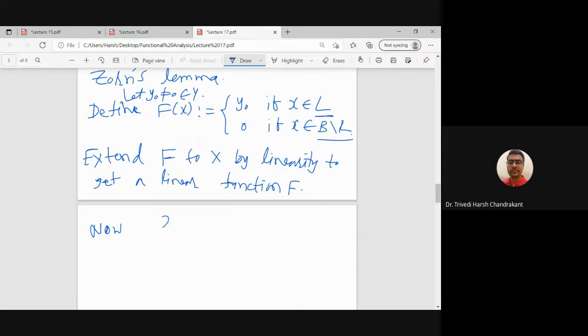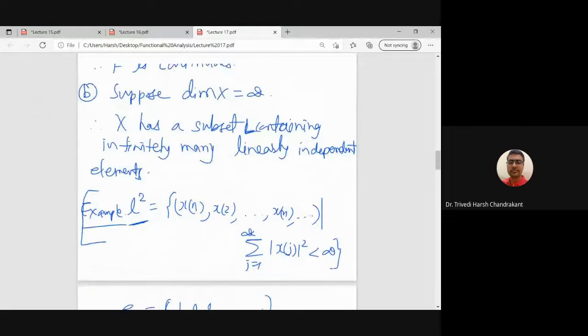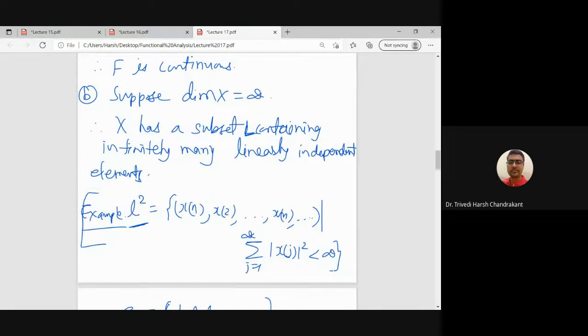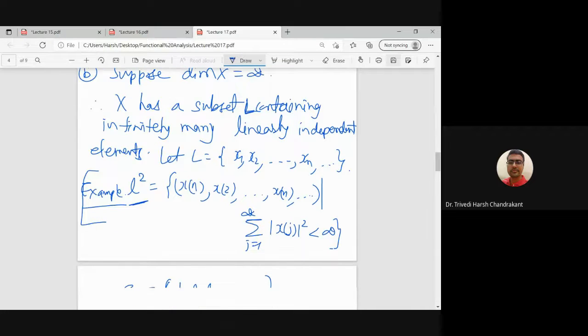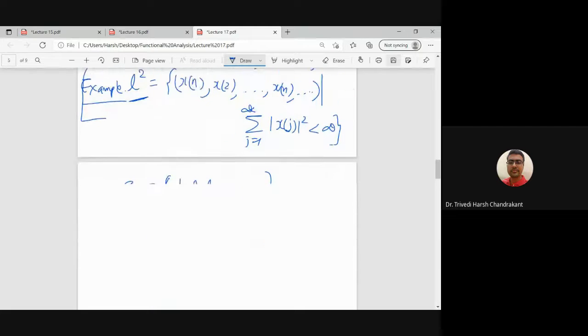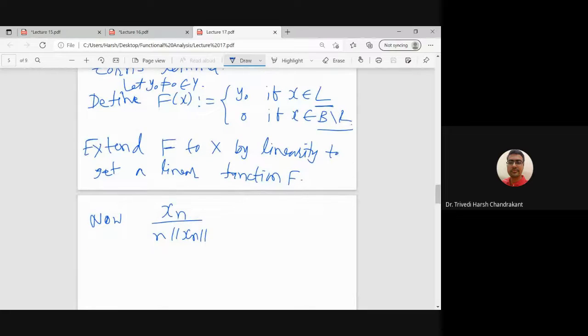And then if we consider xn divided by n times norm xn, right? So what is xn? Let L be the set x1, x2, and so on, an infinite set. These elements of L, infinitely many, give us a corresponding sequence xn divided by n norm xn.